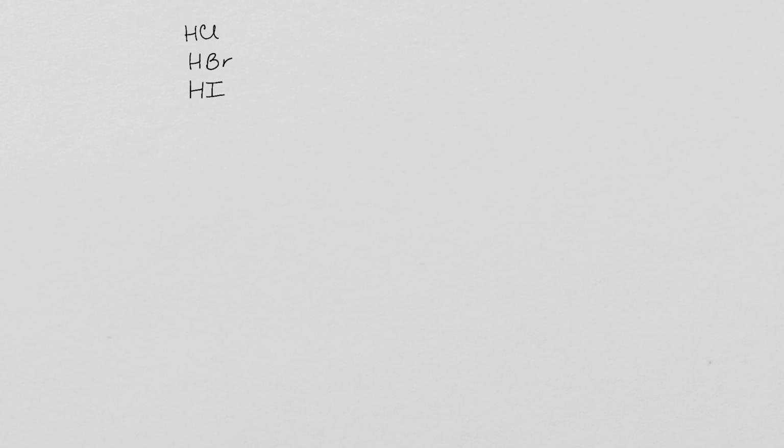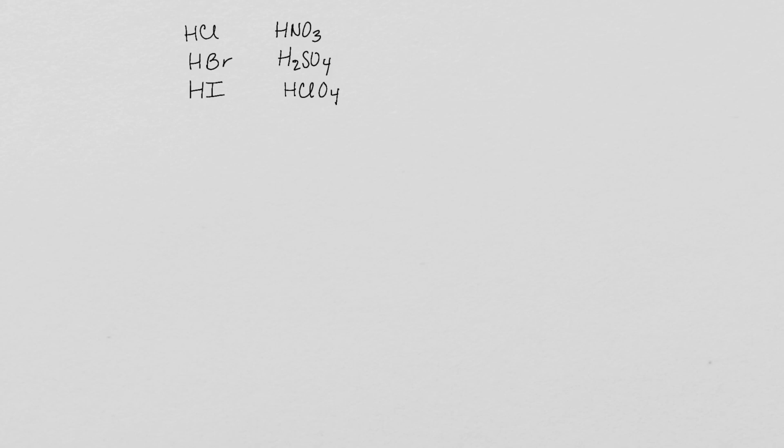And then the others are nitric acid, HNO3, sulfuric acid, which I'll come back to in a second, and then perchloric acid, HClO4, which you will run into with the perchlorate anion as bleach.